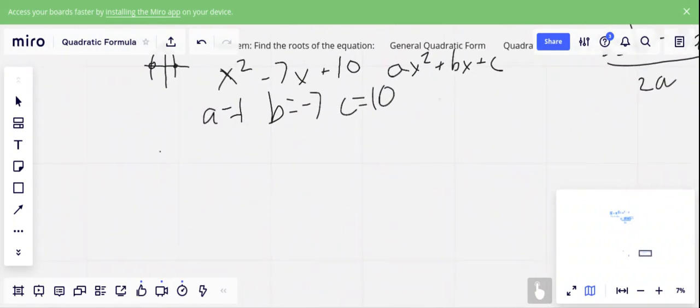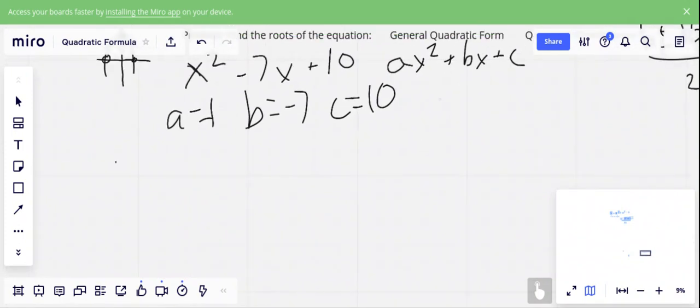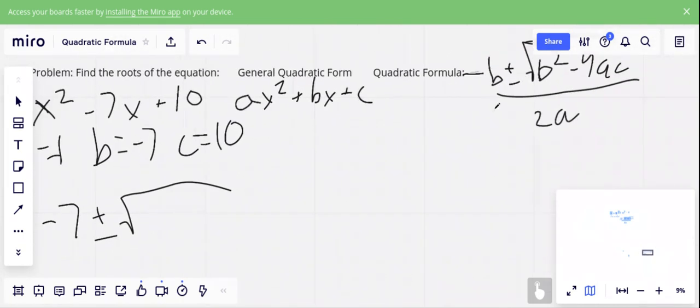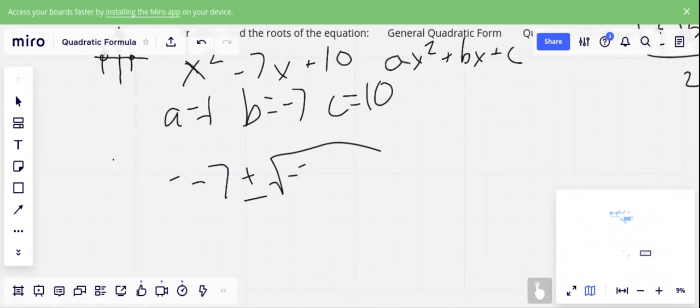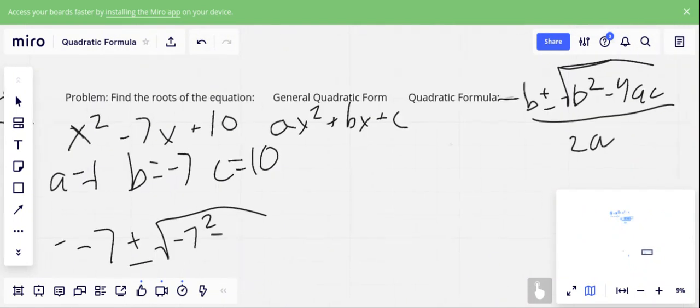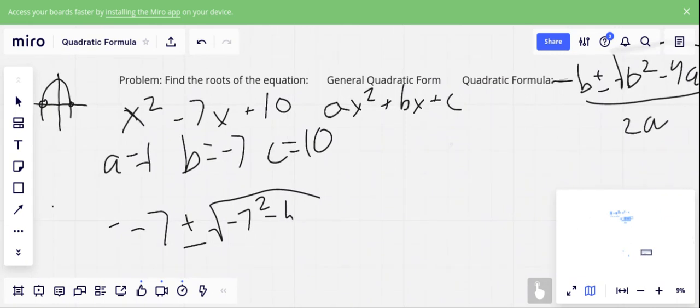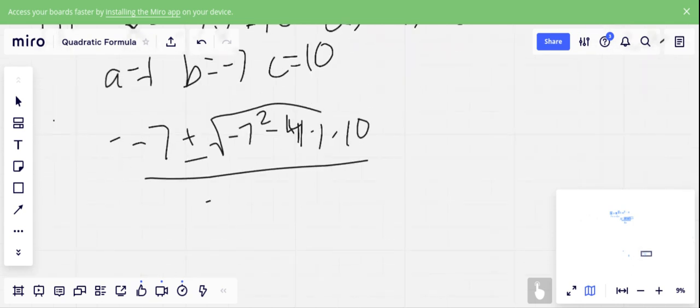Minus b is just minus negative 7, plus or minus the square root of b squared, which is negative 7 squared, minus 4ac. So minus 4 times a times c, which is 10, all over 2a, which is 2 times 1.